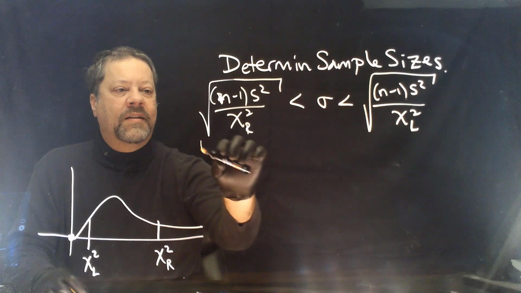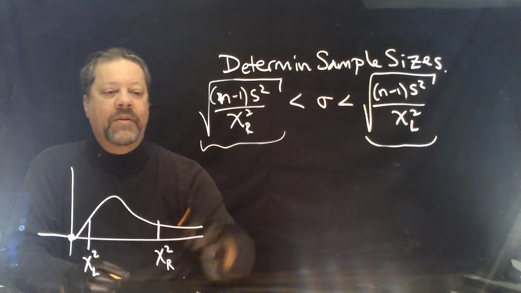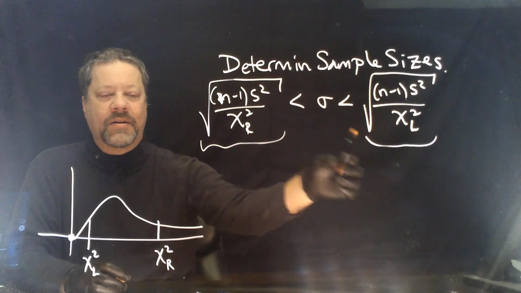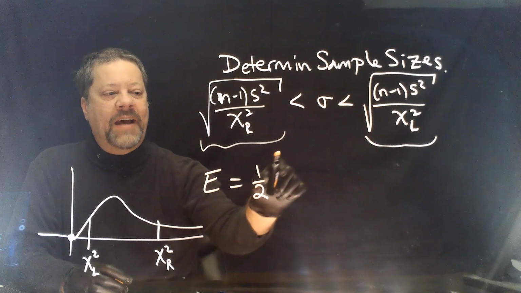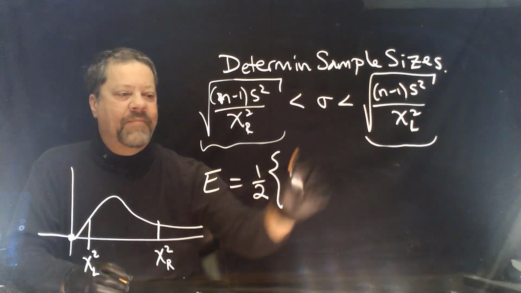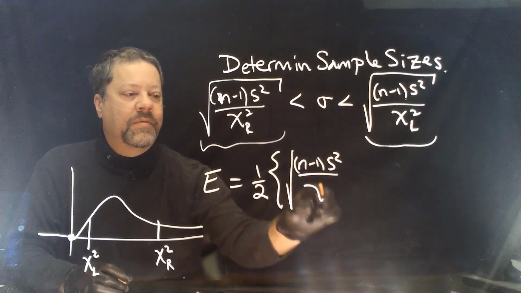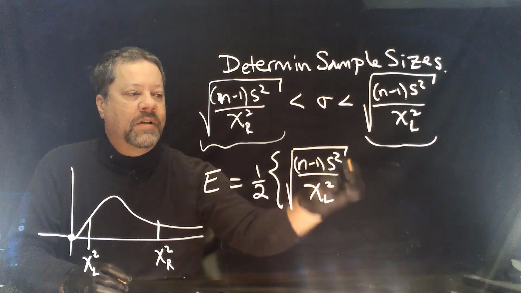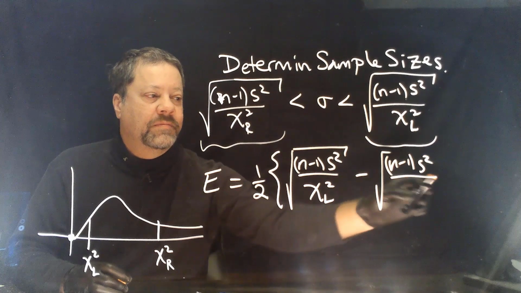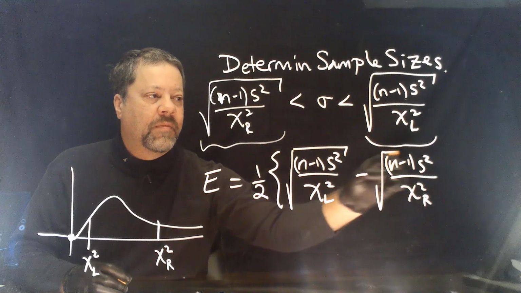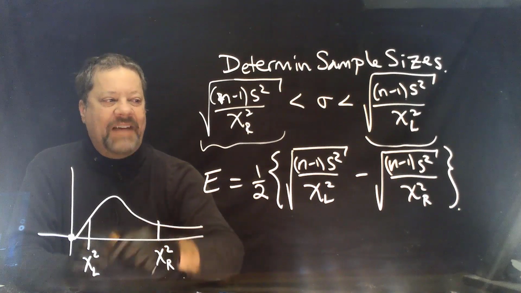So we have this left endpoint and a right endpoint. The margin of error is going to be halfway the distance across this interval. So we have to define it in the following way. We'll take the bigger of the two values and subtract the smaller of the two. That's the distance across the interval. And multiply by a half to get half the distance across.